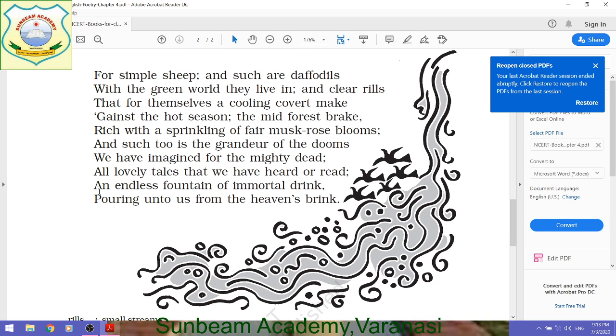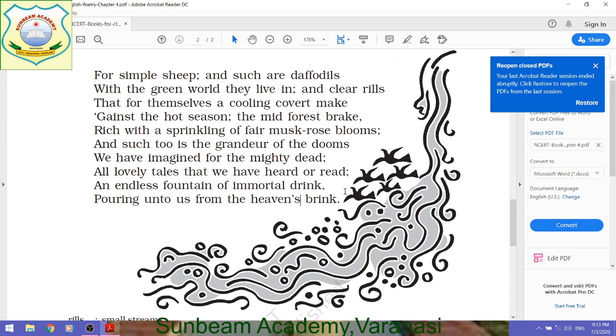He compared it to an endless fountain of immortal drink that is supposed to be present in heaven, pouring onto us from the heaven's brink. But that immortal drink, nectar, is not present here on the earth.